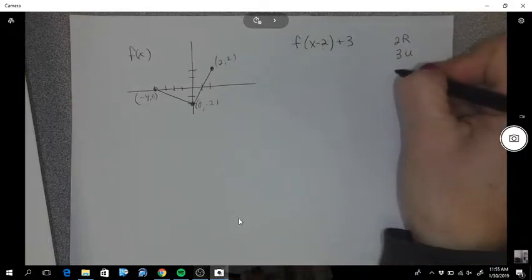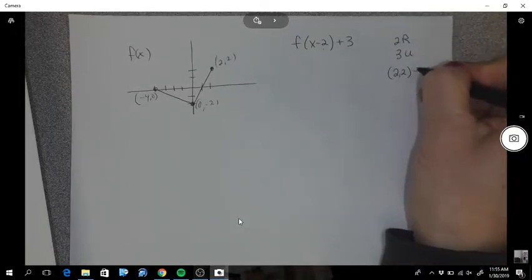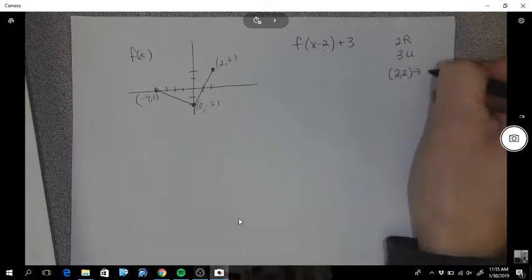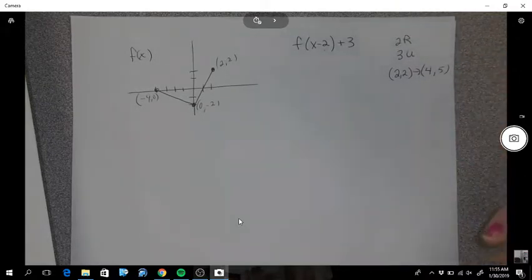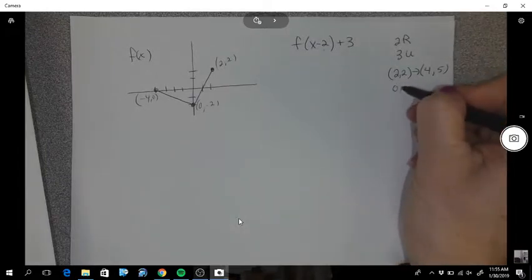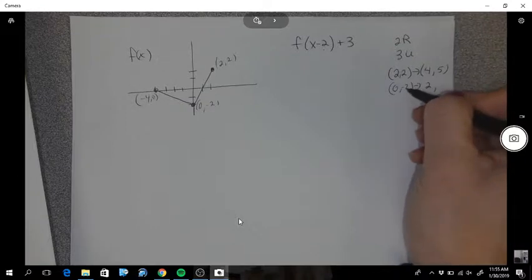Okay, so let's transform these points. (2, 2) would become (4, 5). And (0, -2) would go 2 right, so 2, up 3 is 1.